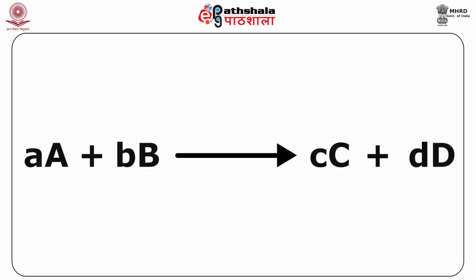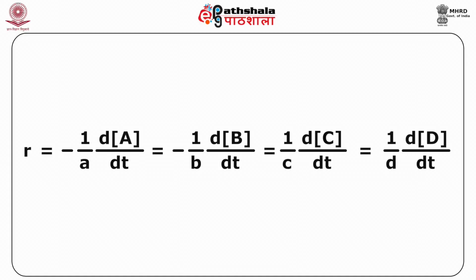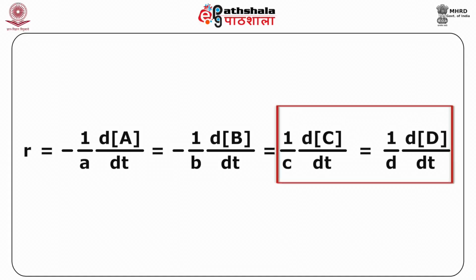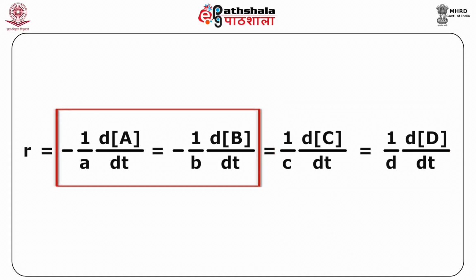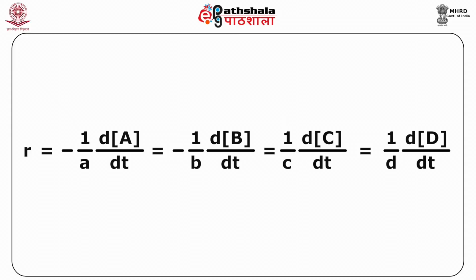Now, let us consider another reaction of the form aA plus bB giving cC plus dD. The rate of this reaction in terms of rise in the concentration of the product or decrease in the concentration of the reactant per mole is given as minus 1/a d[A]/dt equals minus 1/b d[B]/dt.